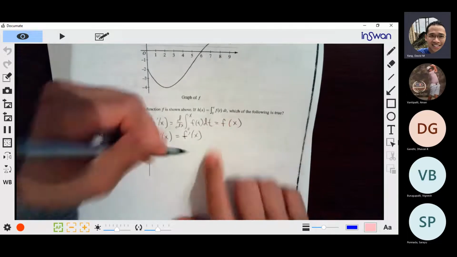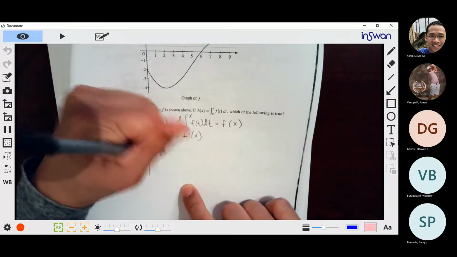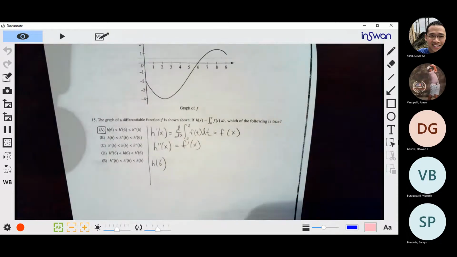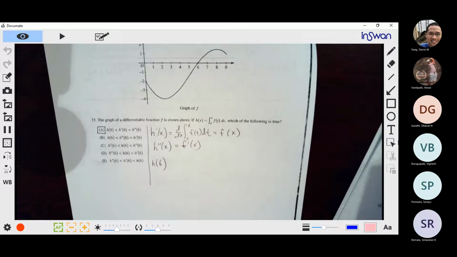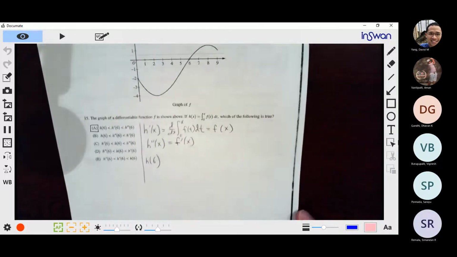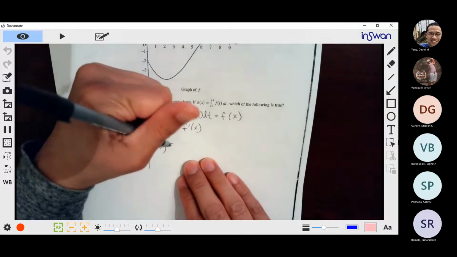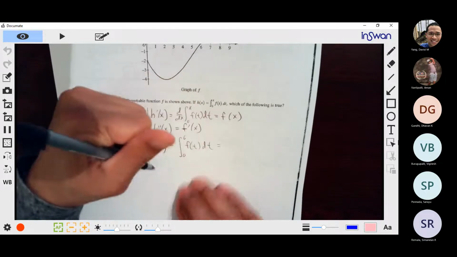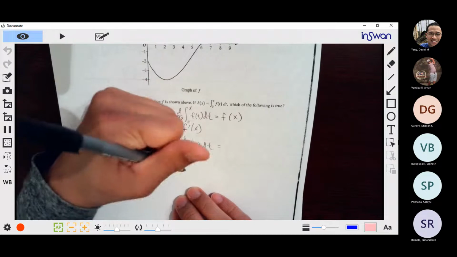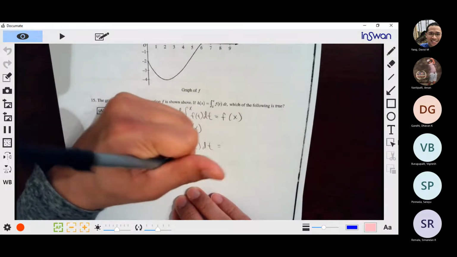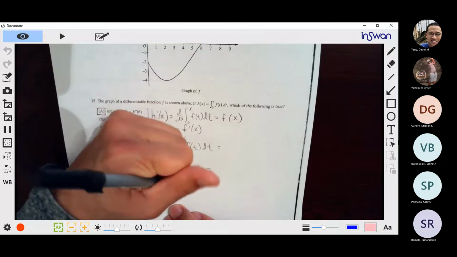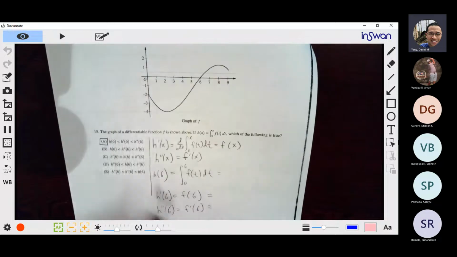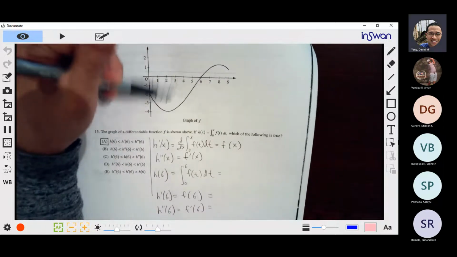So let's test each of these values here. The integral from 0 to 6 is going to be a negative value, right?